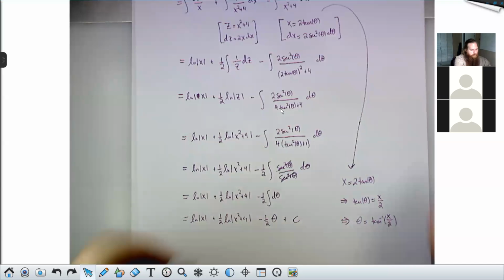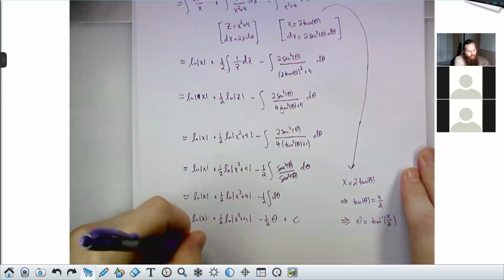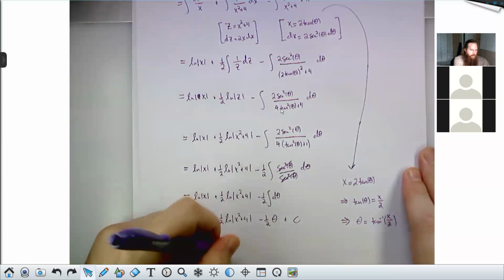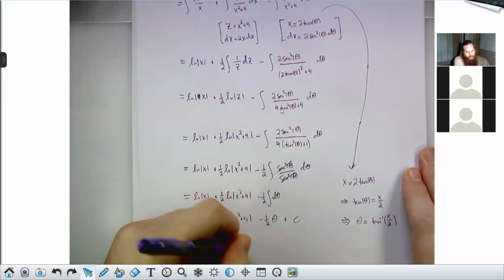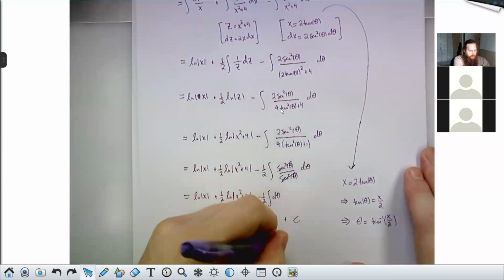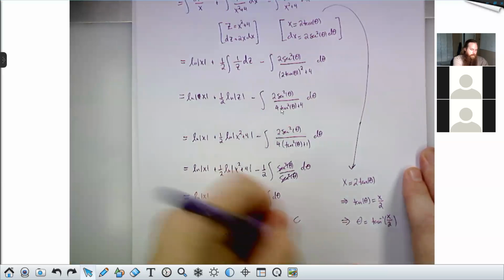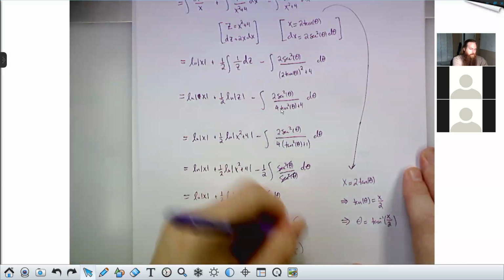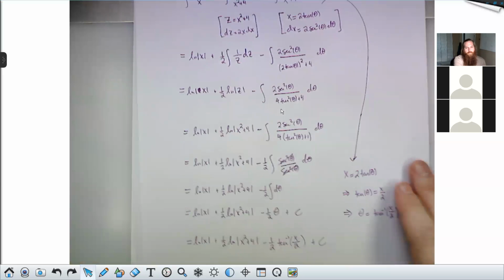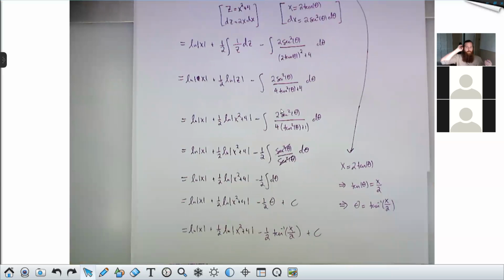So my final answer here is natural log absolute x plus 1/2 natural log absolute x squared plus 4 minus 1/2 inverse tangent of x over 2 plus c. And that's it. You guys have now seen all the different things that you need to do with partial fractions.